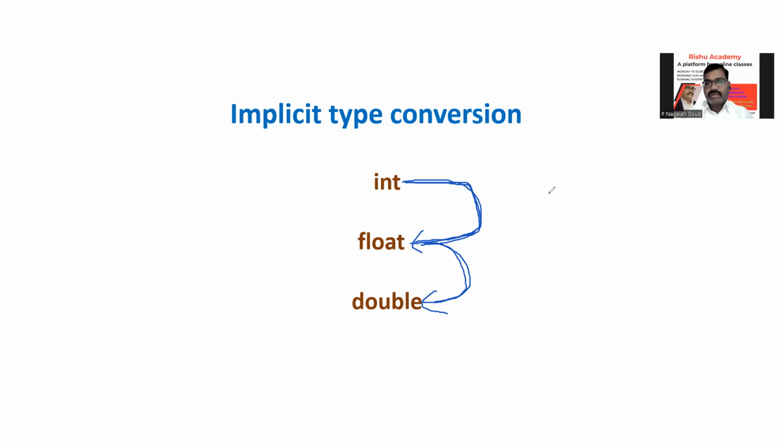Simple example. For example, I declare a variable int a. Int a is the lower level variable. Then I can write float b.